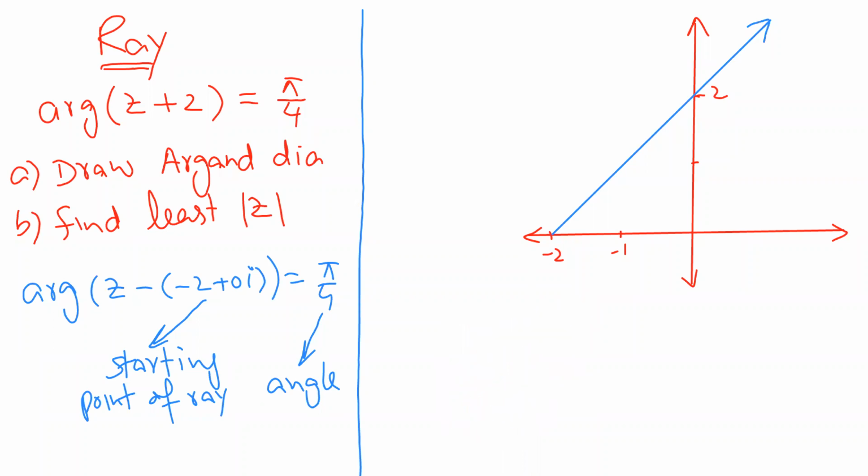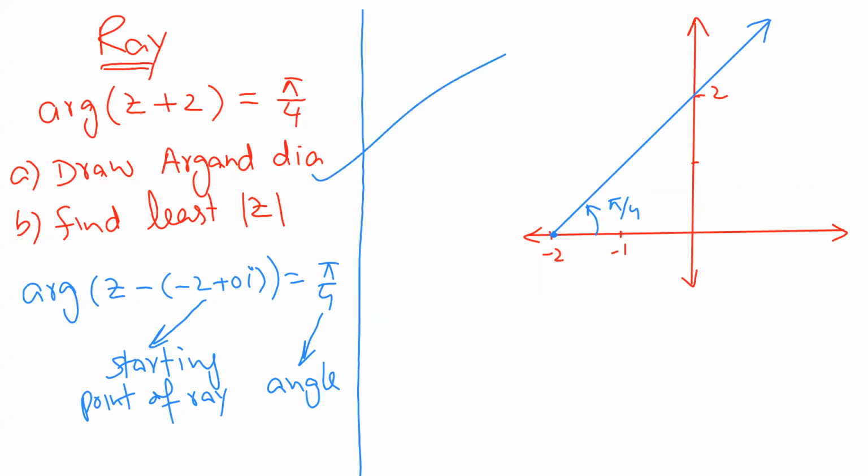In our syllabus, he will not give you awkward angles. He will give you specific angles. Inshallah, I think it is not hard for you to make it. This angle is confirmed as pi by 4. So the first part is done, the starting point is this, and this is the ray.